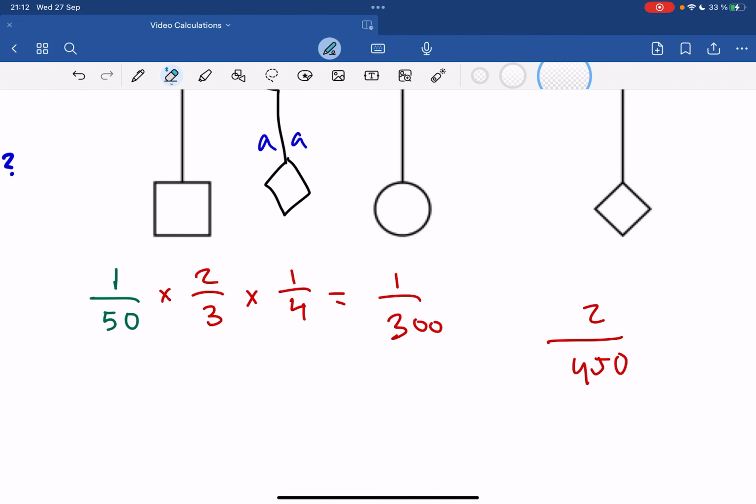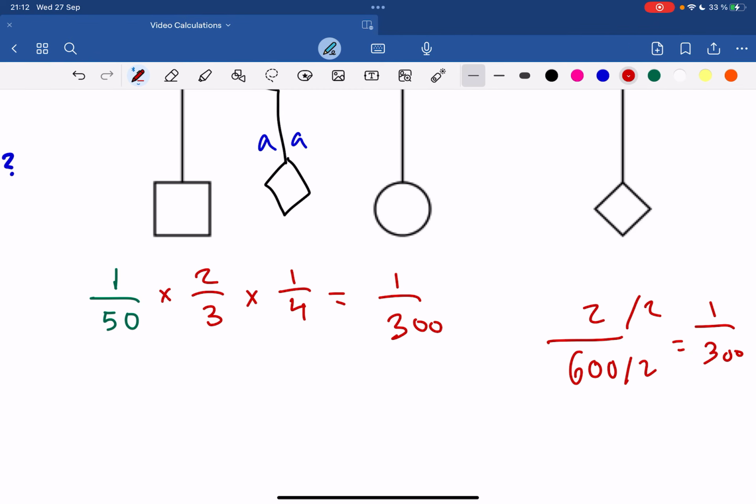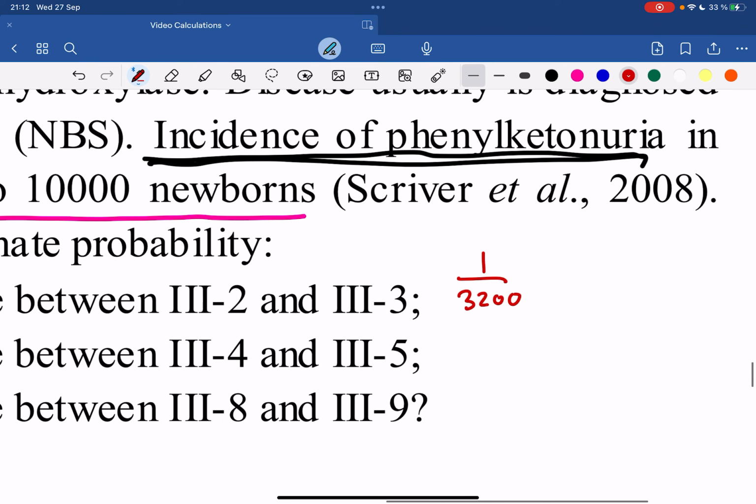Well, yeah, that seems wrong. I'm actually going to calculate this. Sorry, let me just grab a calculator. 50 times 3 times 4. Oh! See, quick maths when it's late is not good for me. 1 out of 300. It's completely correct. So 1 out of 300.